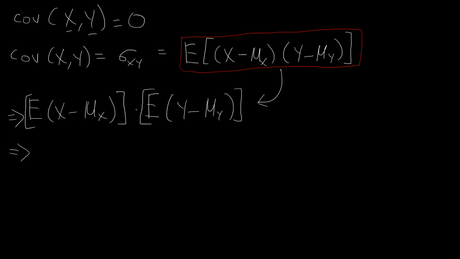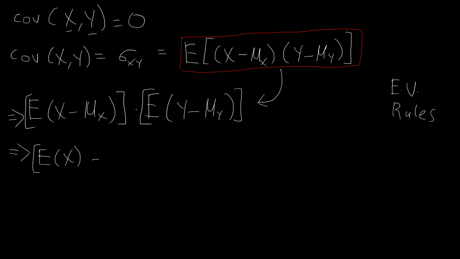Now, first of all, remember that we're going to be using the expected value rules. So if you don't remember them, you can visit my videos where I explain the expected value rules. So using the first expected value rule, we can rewrite this as follows.